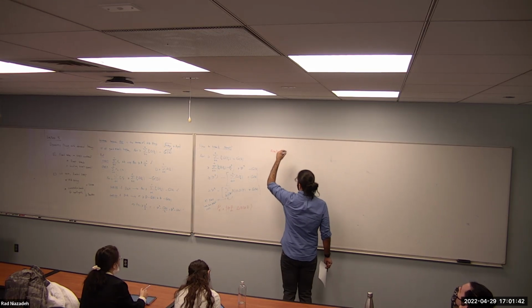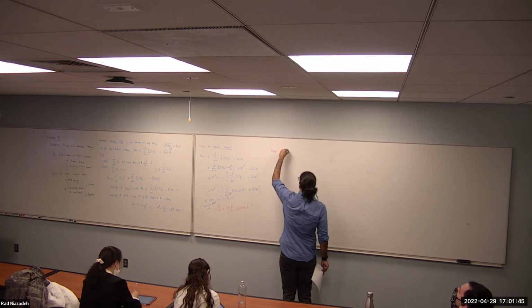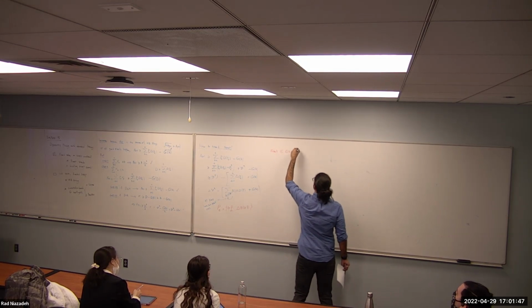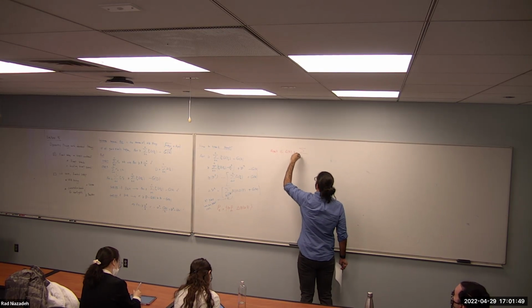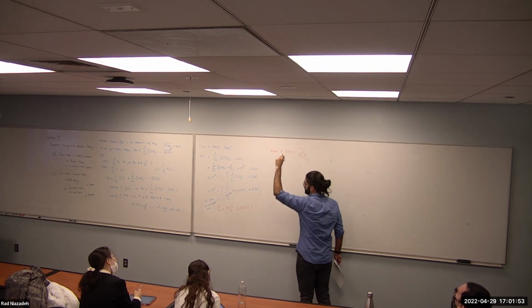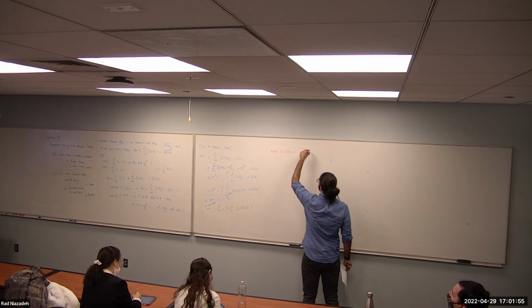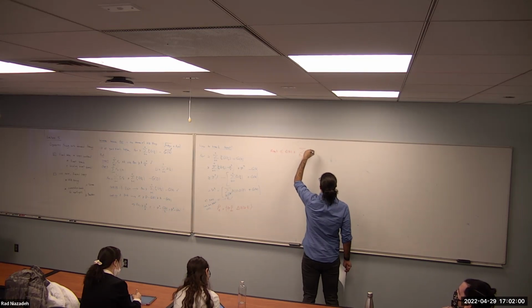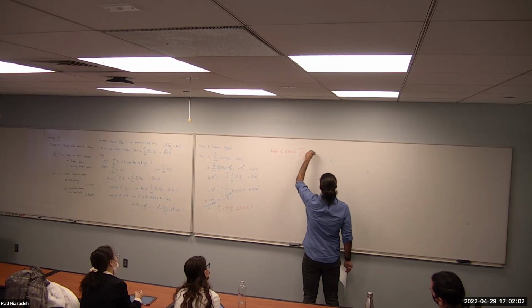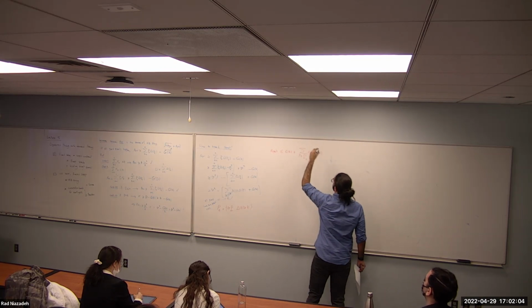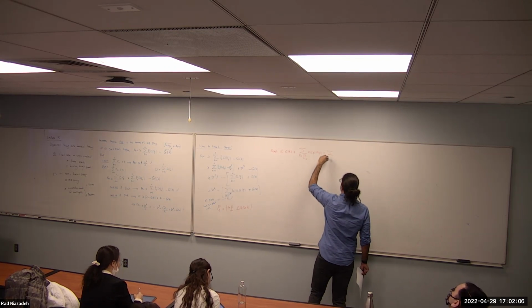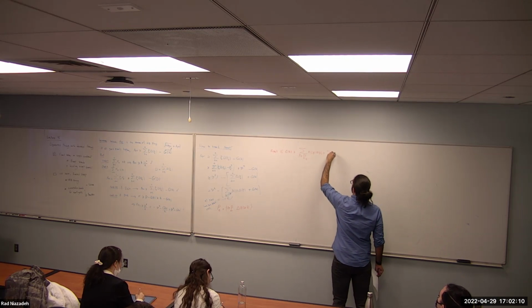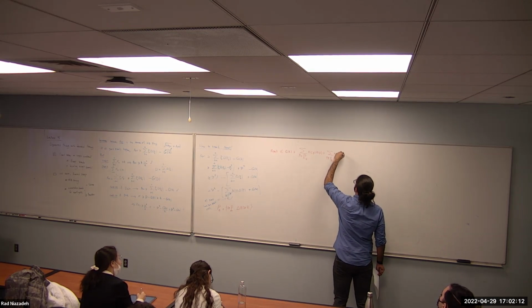is upper bounded by G of K plus the sum over all P's that are in P epsilon of n of p times delta of p, plus the sum over all the p's that are not in P epsilon of n of p times delta of p.